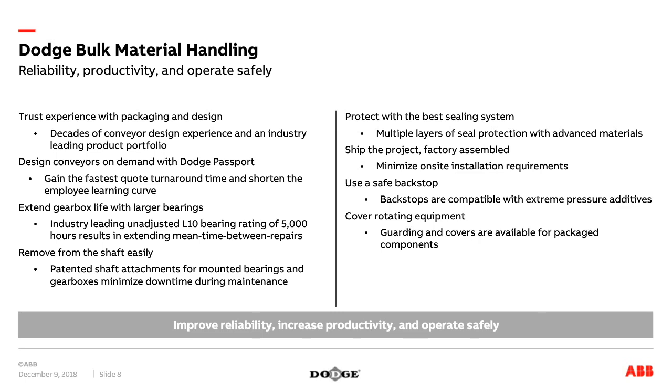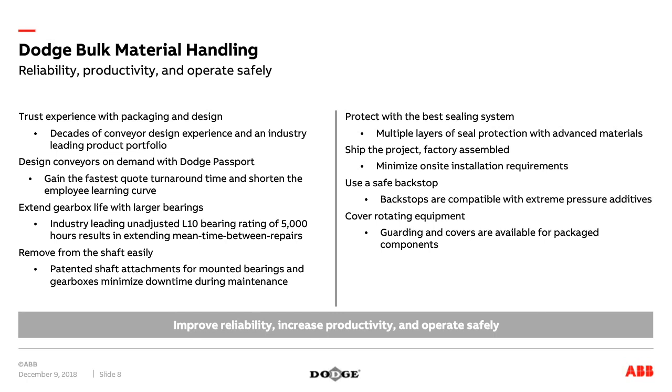At the same time, we have a new tool we'll be talking about called Dodge Passport, which offers you, our customer, the fastest quote turnaround capability, and it's really such an intuitive and easy tool. It allows your employees, as you have new employees coming into your business, to quickly learn how conveyors work and how to design them. It's extremely easy to use, so ultimately it shortens the learning curve.